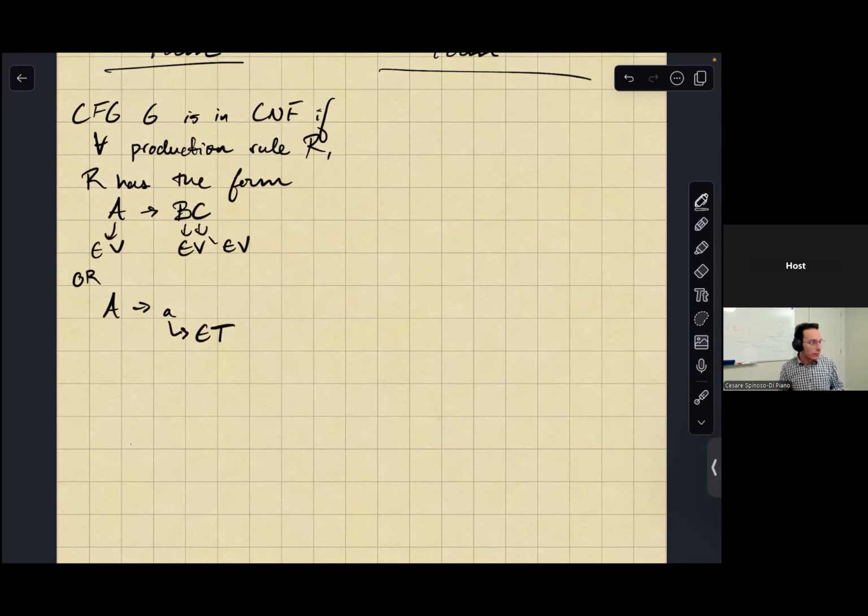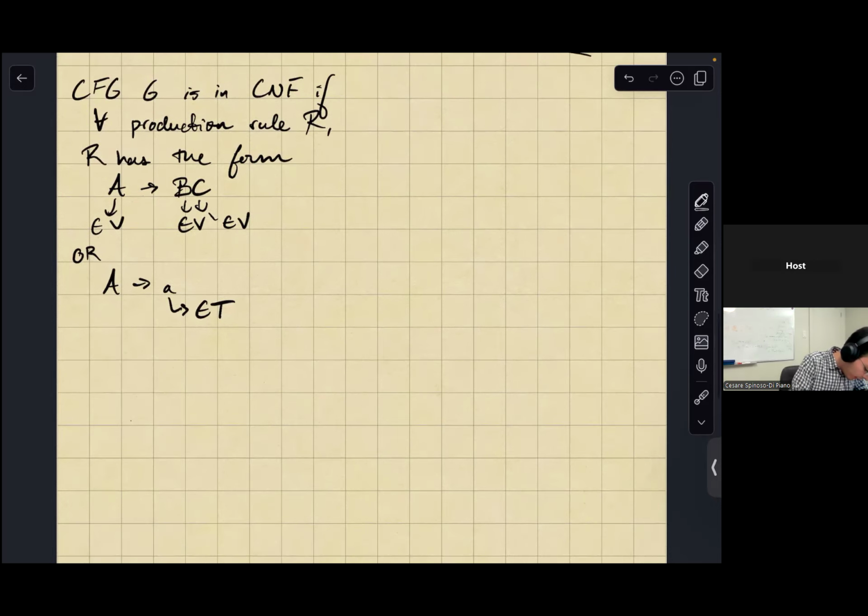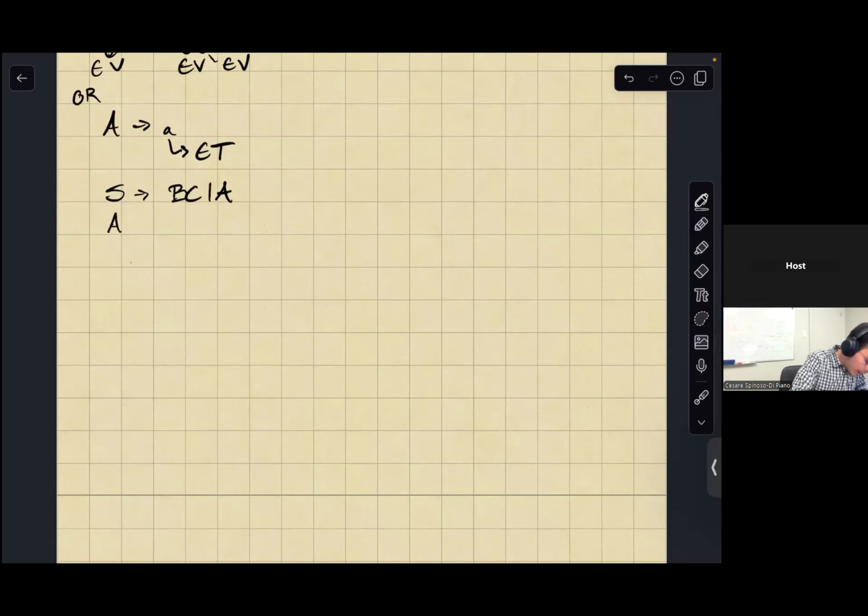Okay. Right. So for instance, if you have a grammar like S gives you B C, and then A gives you A A or A A B, then this is not in CNF, right?